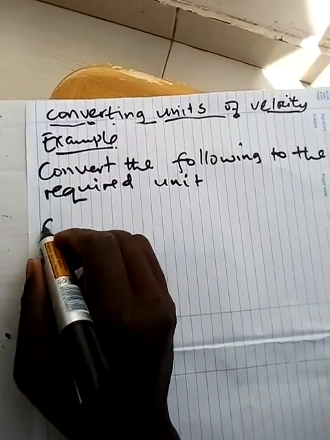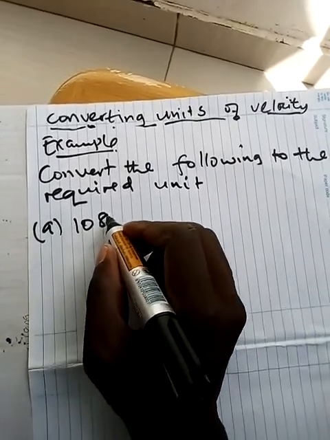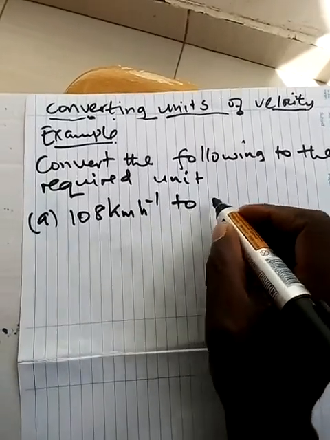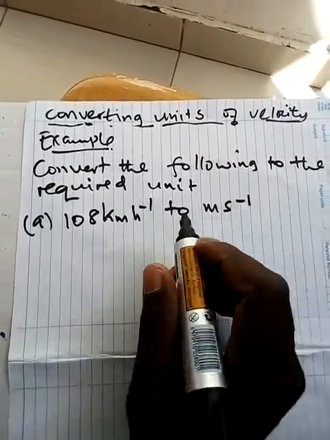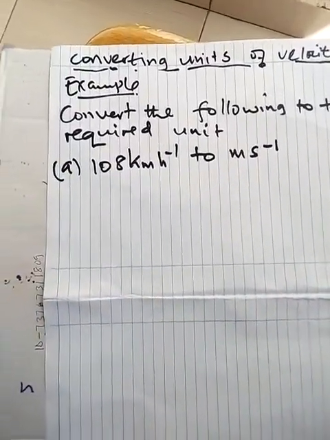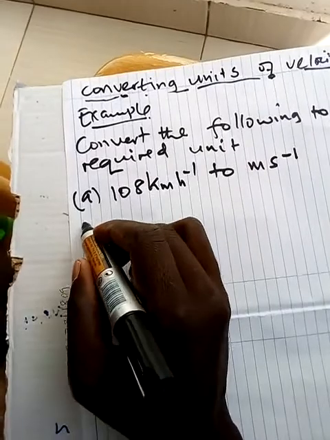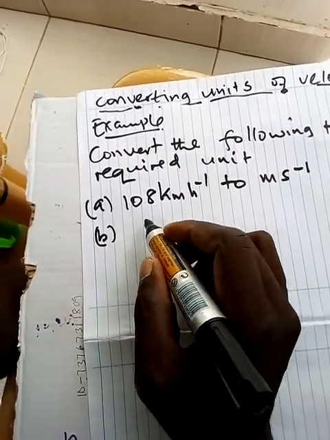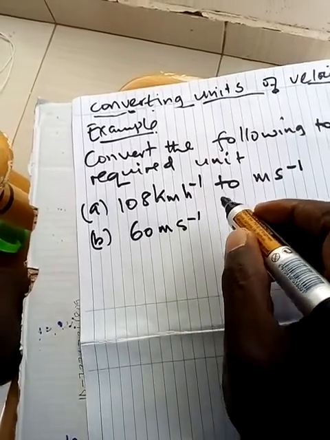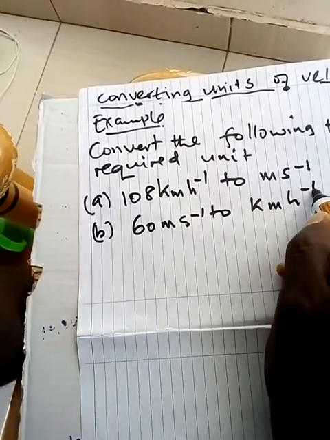And the question is, part A, we need to convert 108 kilometers per hour to meters per second. And then in another part, possibly part B, we need to convert 60 meters per second to kilometers per hour.